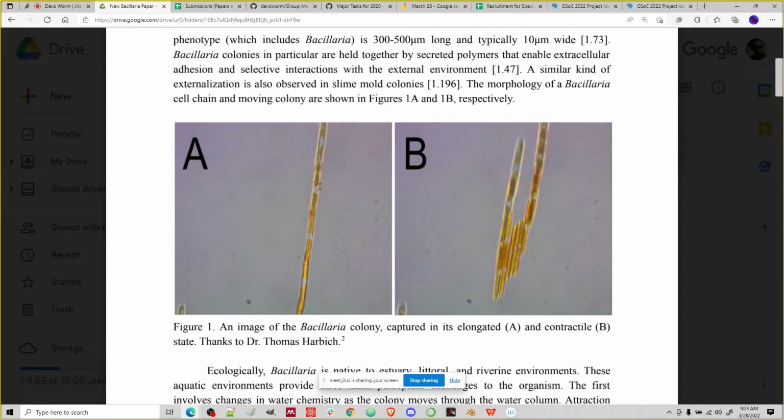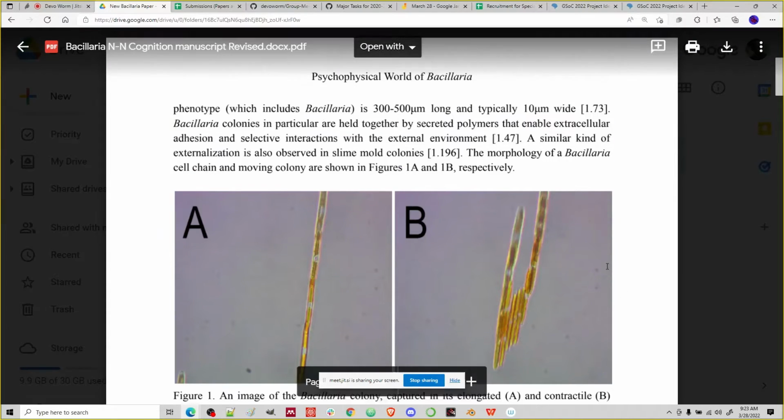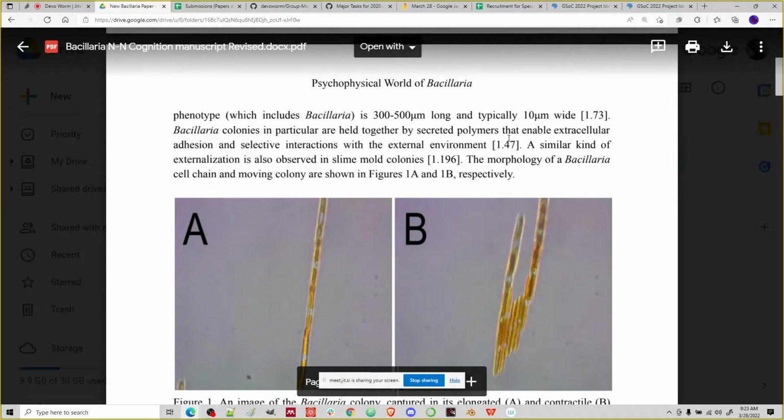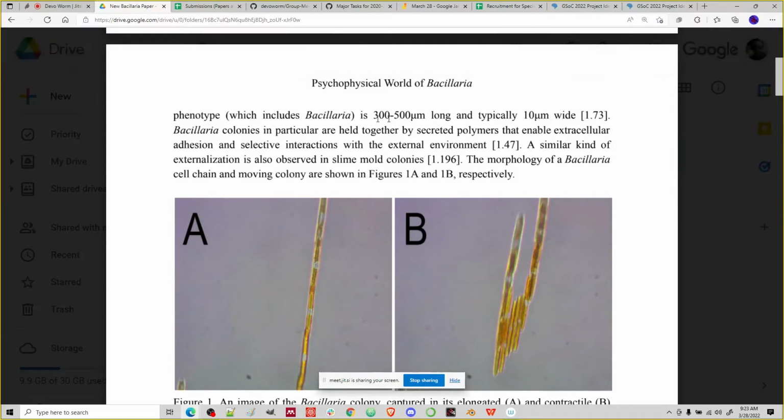But these diatoms come in all shapes and variable sizes. They're microscopic organisms, on the order of micrometers, which is smaller than millimeters, and you can only see them under a microscope.